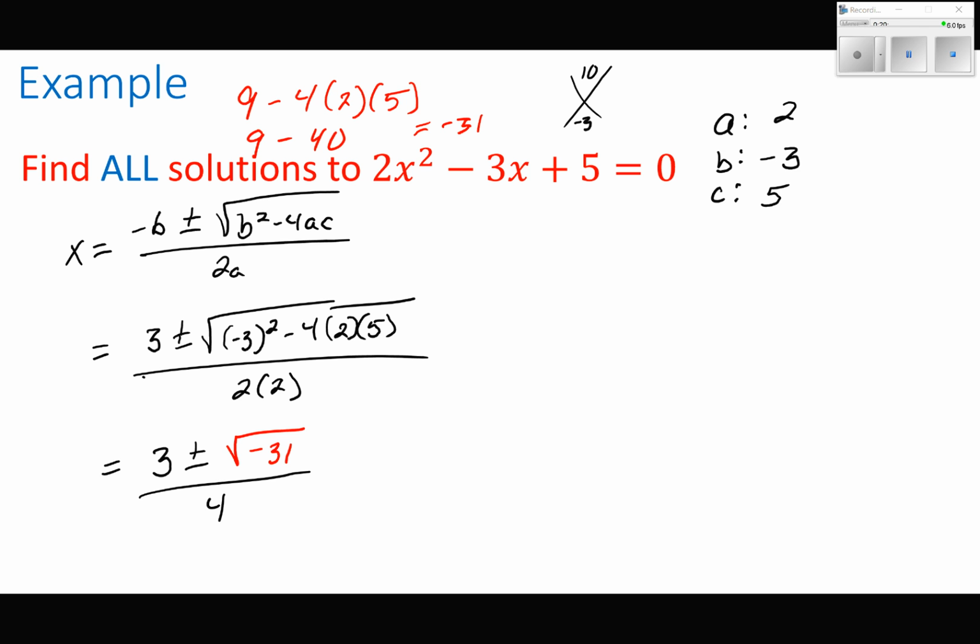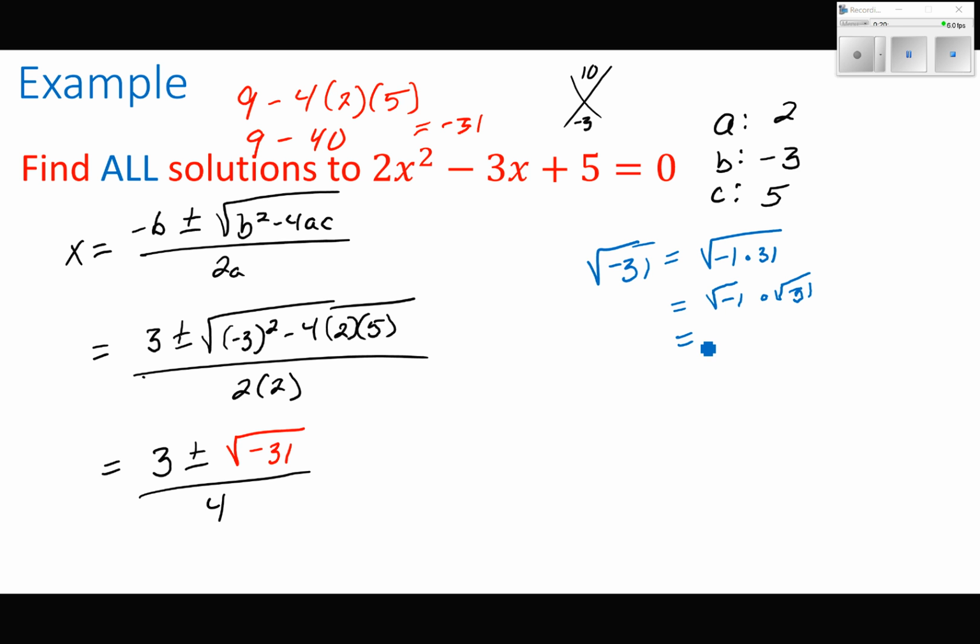So up until this section, we would stop because we can't do the square root of negative 31. Well, now we can work with the square root of negative 31. Let's work with our imaginary units. The square root of negative 31, I can write as negative 1 times 31. So I can break this apart and say the square root of negative 1 times the square root of 31.